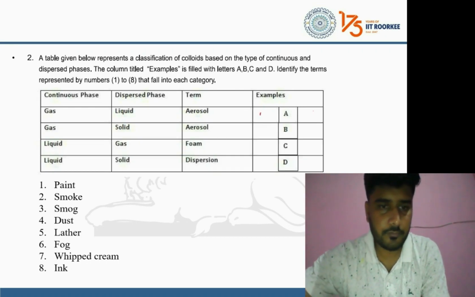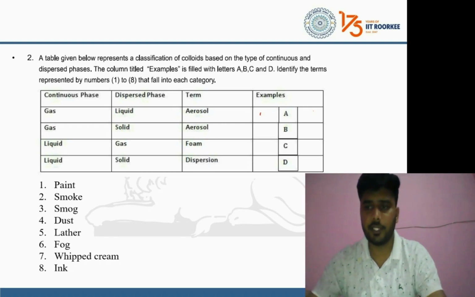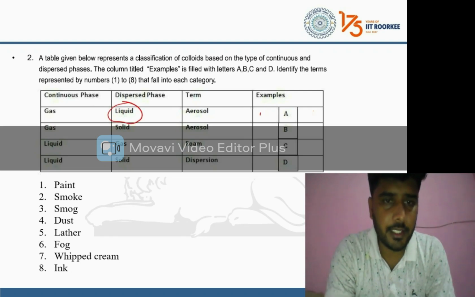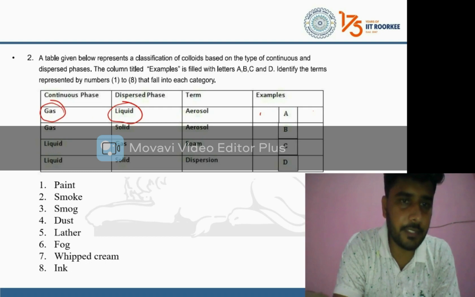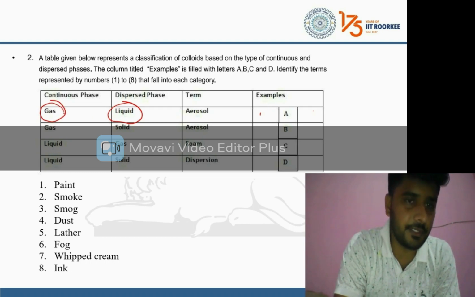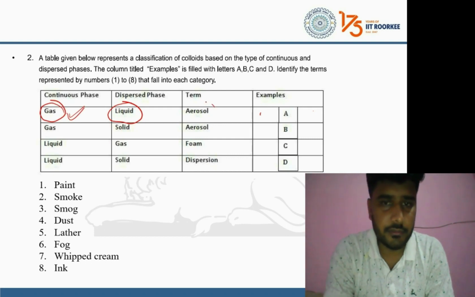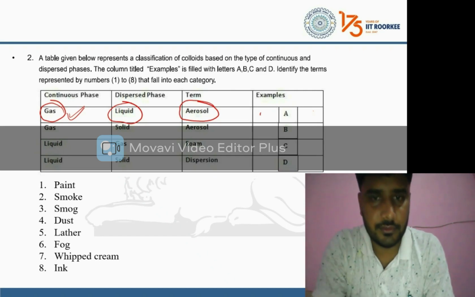First is the dispersed phase. The dispersed phase is liquid, and the dispersion medium is gas, or you can say the continuous phase is gas. Where the dispersed phase is liquid and gas is the continuous phase, you have to define that colloid as an aerosol.